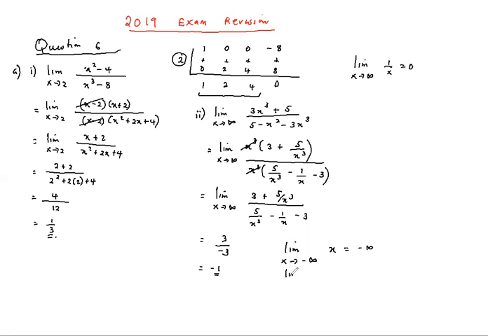If it's approaching infinity and you have x, the answer here will be positive infinity. That's why we have a difference. Otherwise, there will be no difference.